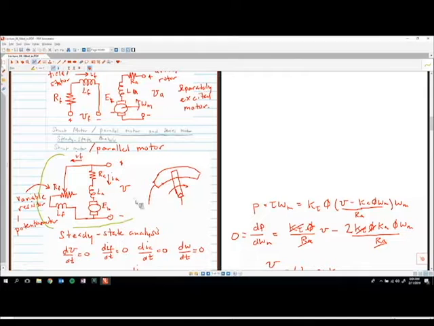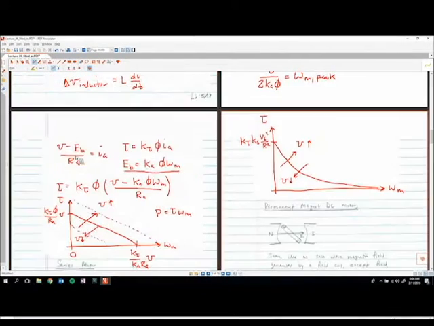Those 2 terms are interchangeable. If I say shunt motor or parallel motor, they mean exactly the same thing. The differentiating factor between this and a series motor is that a shunt motor, or parallel motor, is wired in parallel. A series motor, of course, is wired in series.